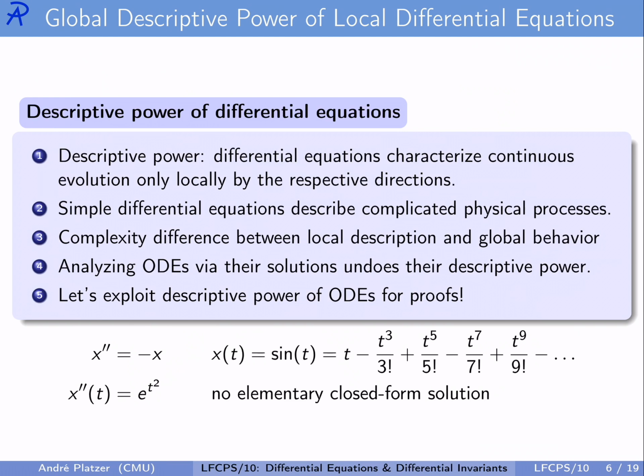For example, this differential equation, second time derivative of position is minus position, has as a solution the sine function, which is not only much more complicated, but in particular it is not part of first order real arithmetic. Why? Well, because it needs infinitely many powers to be written down precisely, and writing anything down infinitely is kind of awkward because you'll never be done with it in finite time.